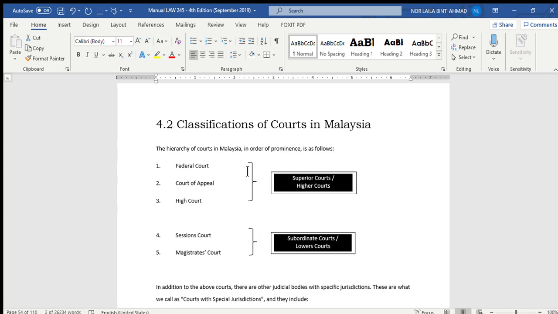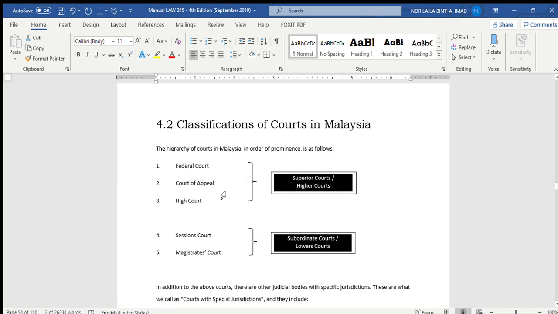They do not hear cases for the first time. They don't have original jurisdictions because they just receive an appeal from the lower court, for example from the High Court or subordinate courts.